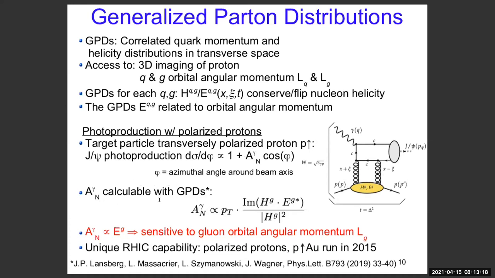This asymmetry is calculable within GPDs. And in fact, you see through this, it's proportional to E_G, which is sensitive to the gluon orbital angular momentum. So we can exploit this unique capability at RHIC with polarized proton scattering.